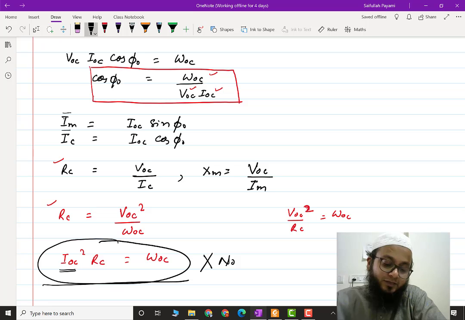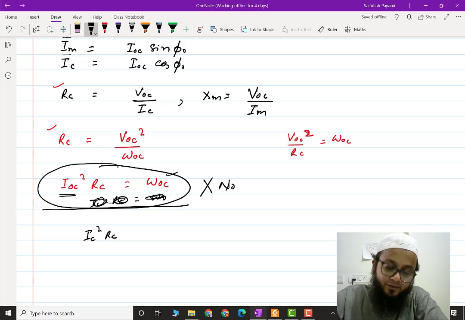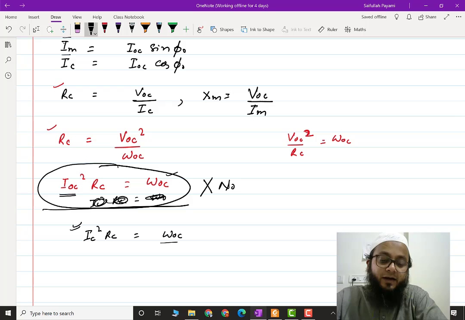Both are there in IOC. Whereas the wattmeter will only read the losses because of IC whole square into RC. So we need to find IC. We cannot apply IOC whole square into RC to find this RC.